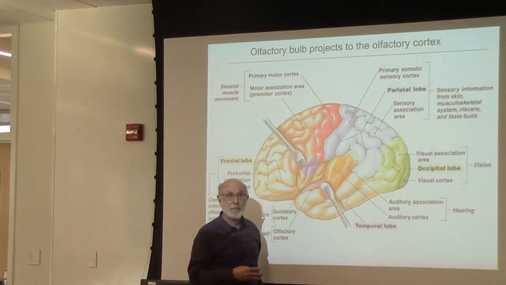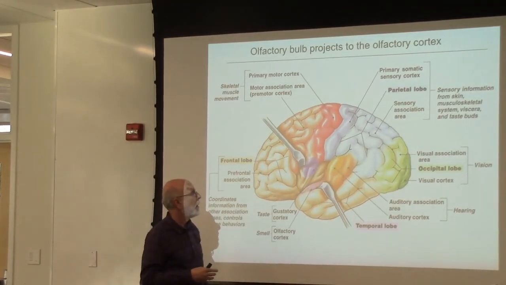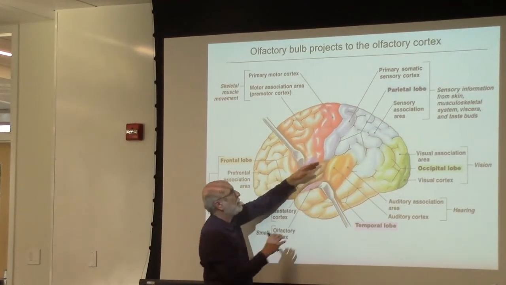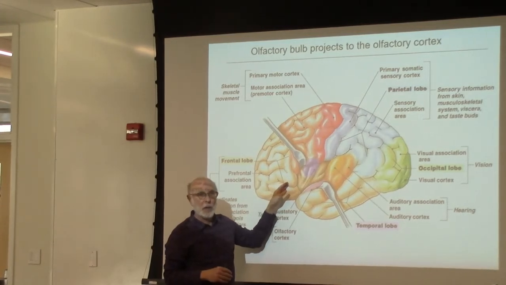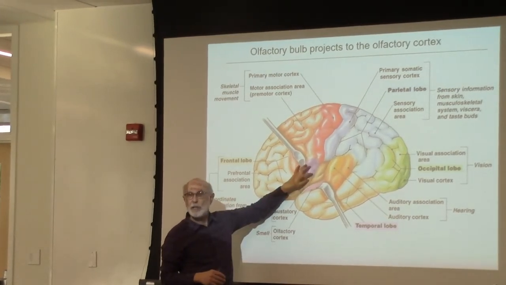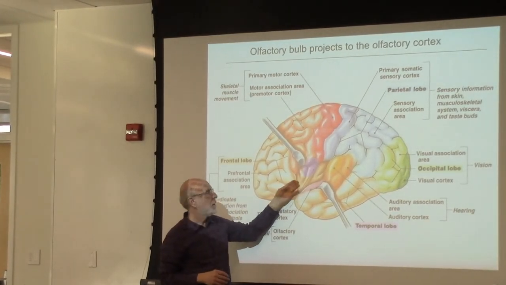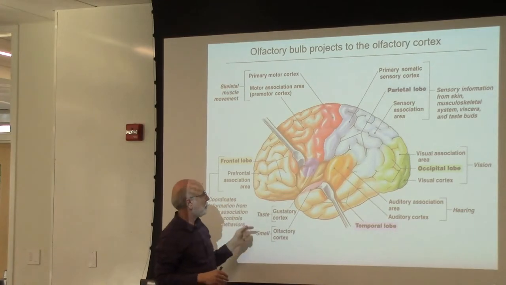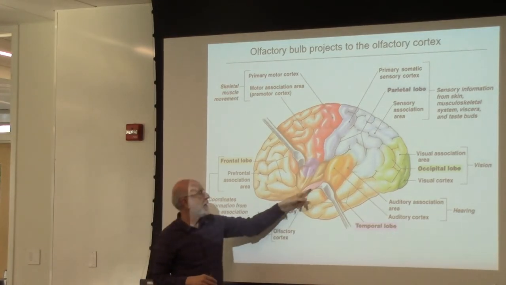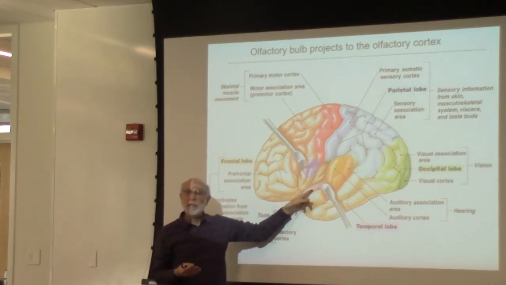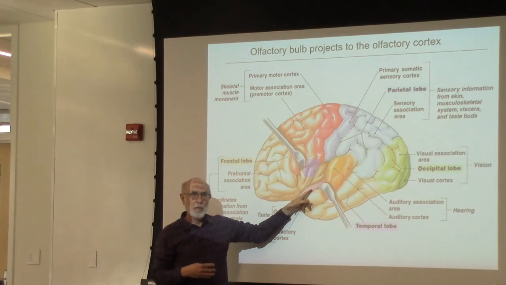So this slide has some information of things that you know. It's opening up the lateral sulcus to see structures sort of underneath it. The olfactory cortex is in the medial temporal lobe. You've heard those words before.